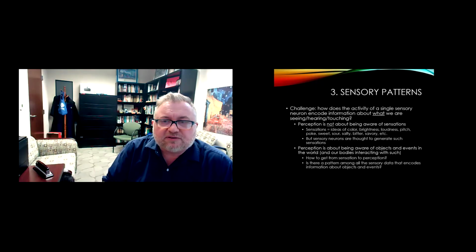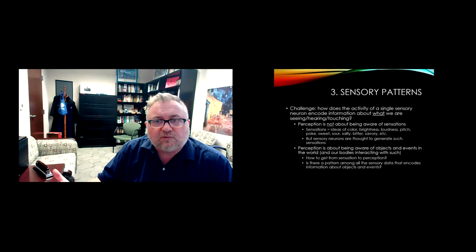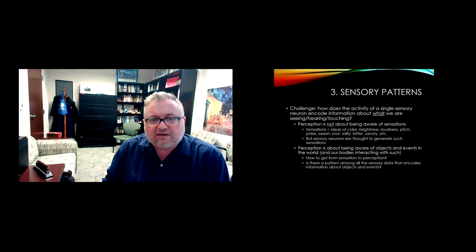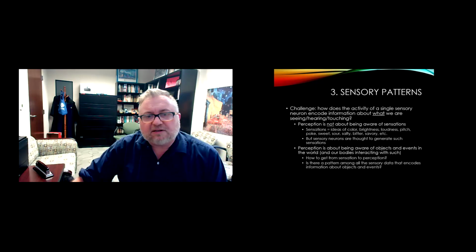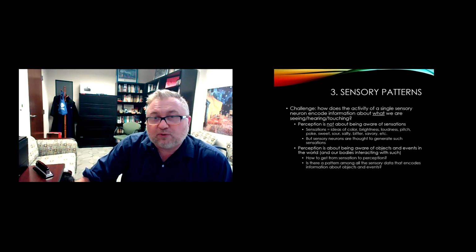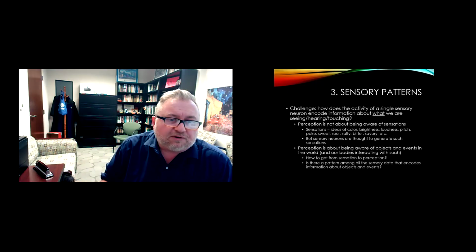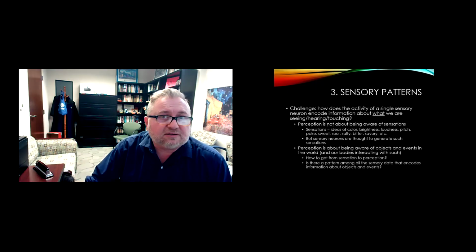How do these visual sensations inform the brain about what the object is? Because importantly, when we are perceiving, we are not necessarily perceiving the sensations per se, just like we're not perceiving the light rays per se. We're perceiving via the light rays. We are also kind of perceiving via the sensations.